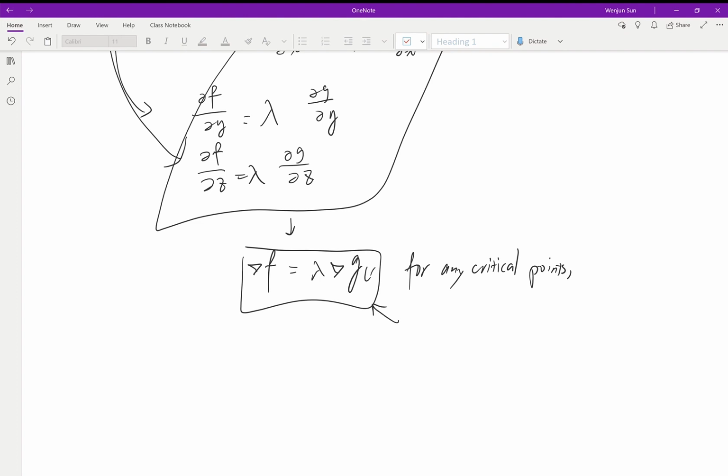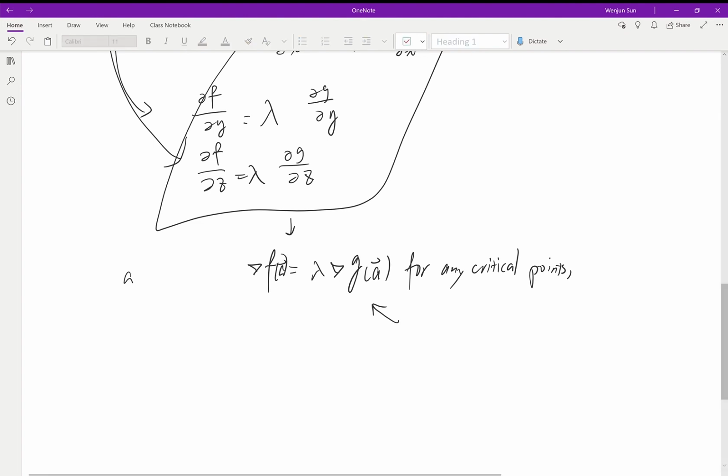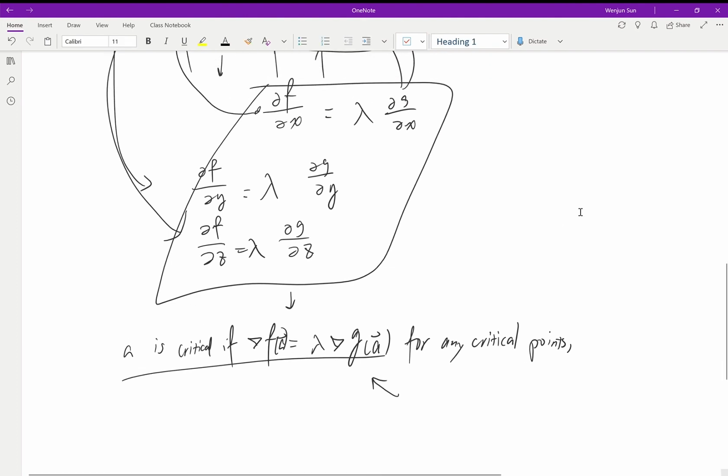Of course I just did it for 3 variables, but this generalizes to more than one variable, right? I'm just going to say vector a. So a is critical if that. Okay, so sorry for the bad handwriting and stuff, but thanks.